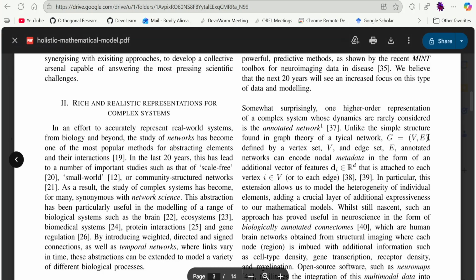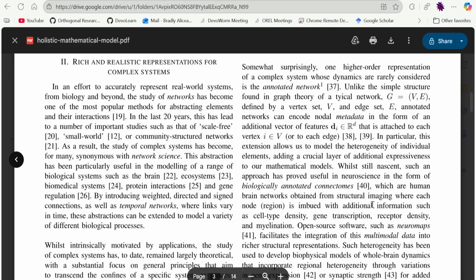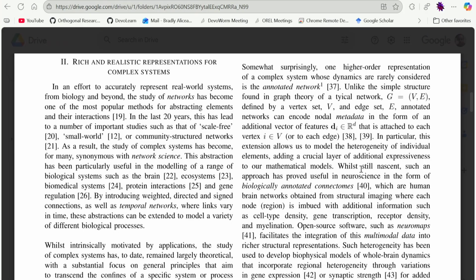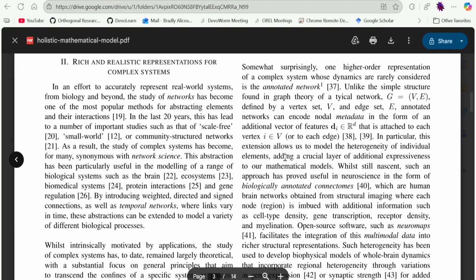So to V and to E, you would attach this set R^D, which would give you this additional information in G. They say it's nodal metadata, but it's really just introducing heterogeneity into this graph structure. In particular, this extension allows us to model the heterogeneity of individual elements, adding a crucial layer of additional expressiveness to our mathematical models.